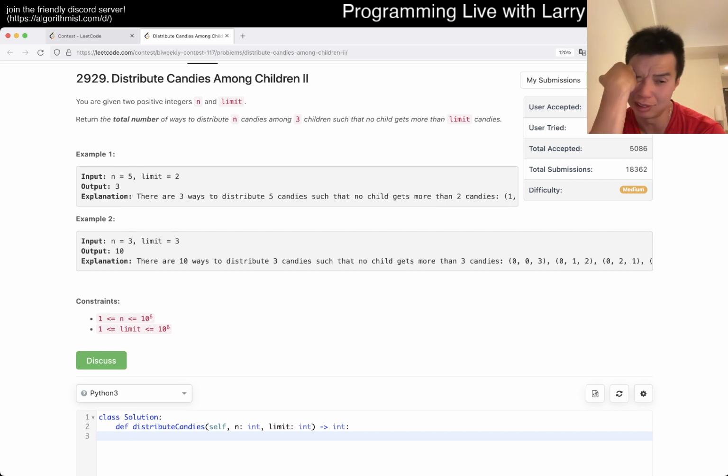That would be a really weird way to do it. How many ways are there? For one thing to be limited, right? Two things. No, that's not right.